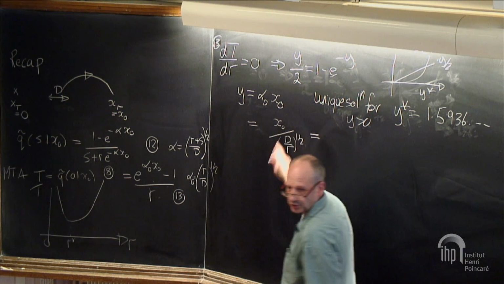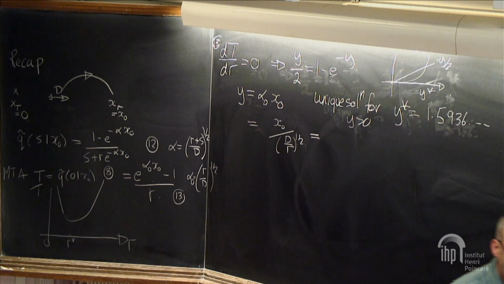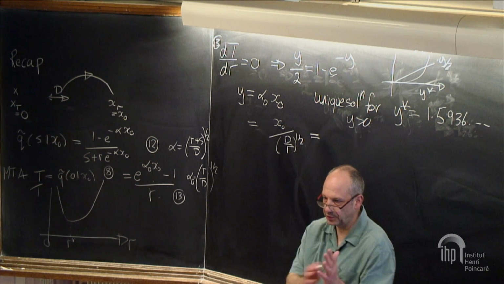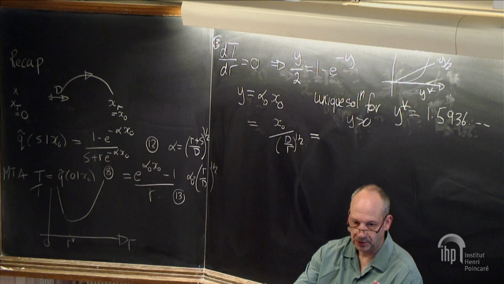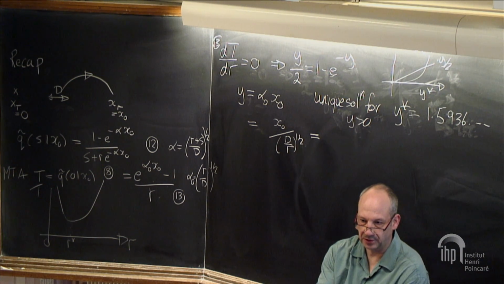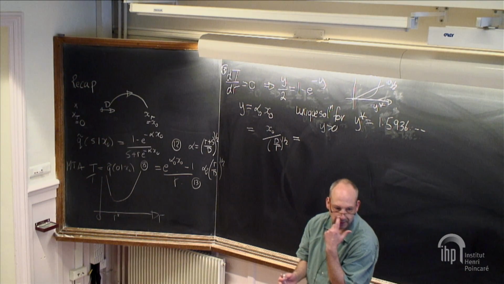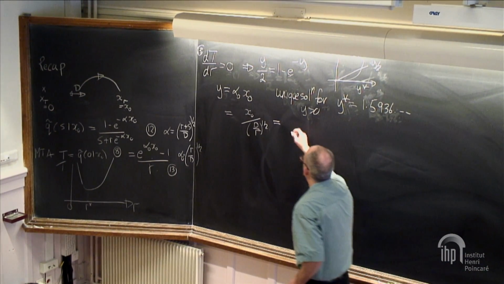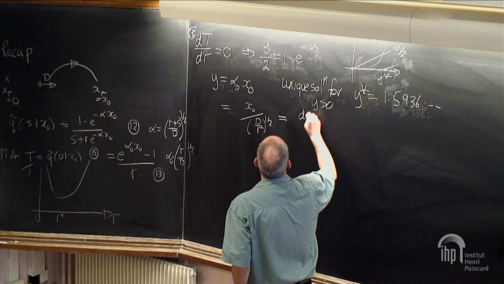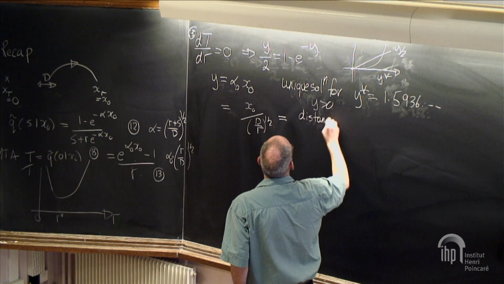So it's the ratio of two lengths. The first length, x naught: we're resetting to x naught, with the target at the origin. So it's the distance of the target from our resetting position, where we thought the target should be. So it's the distance to the target.